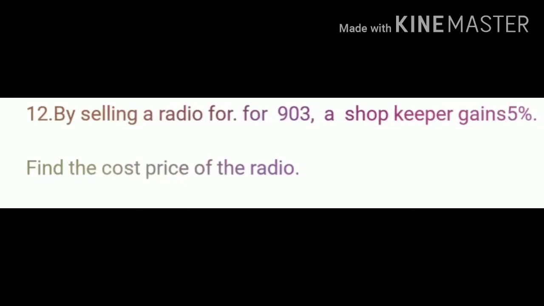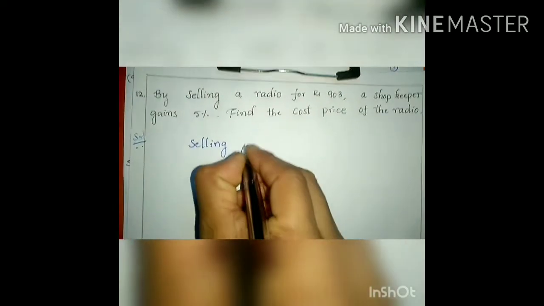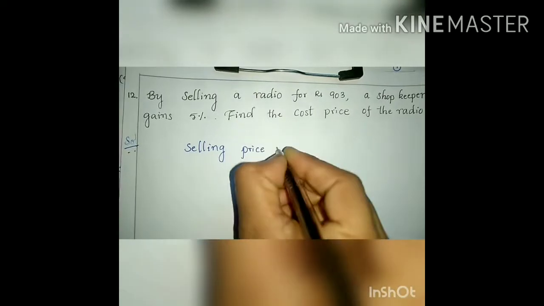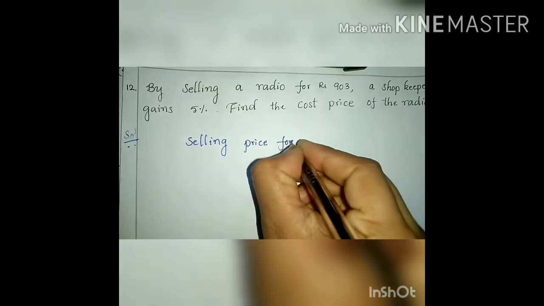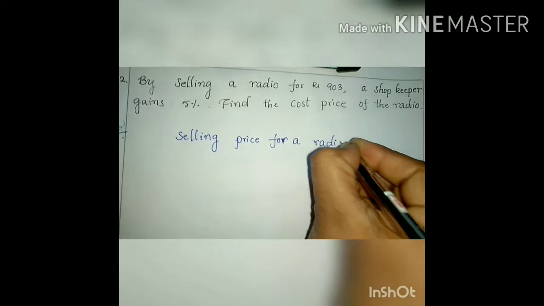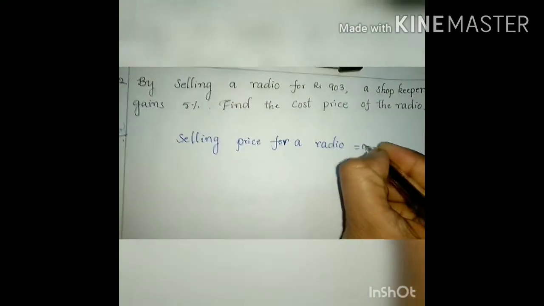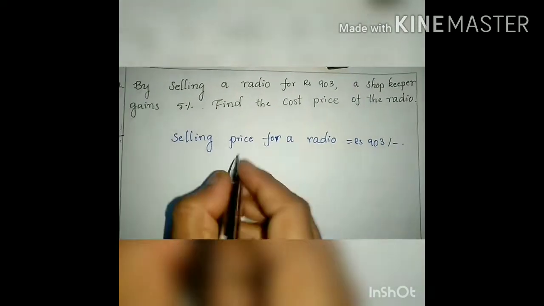Next, 12th question. By selling a radio for 900 rupees, a shopkeeper gained 5%. Find the cost price of the radio. Now the 12th question solution. Selling price for a radio equal to 903 rupees.